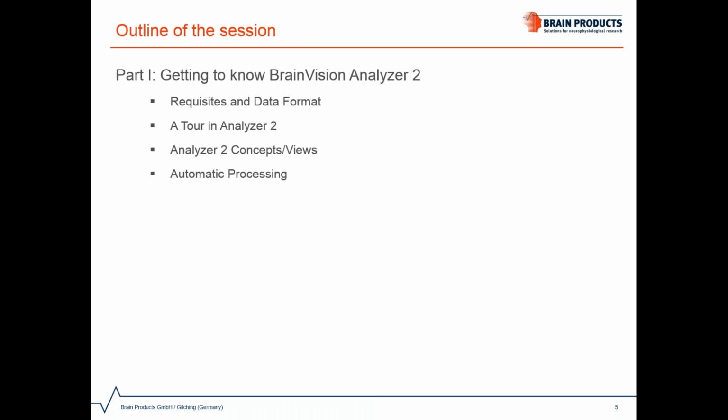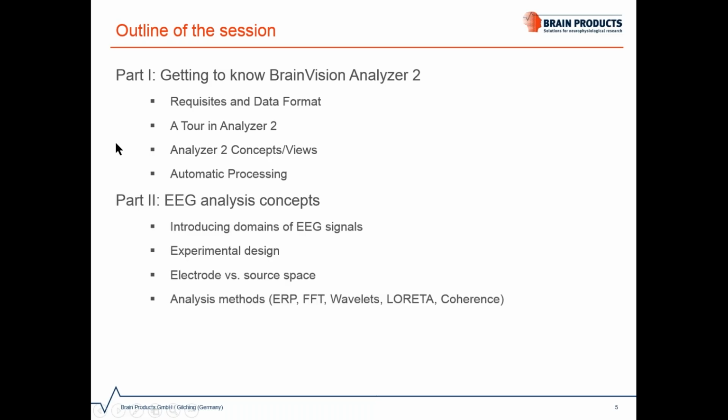To do this, what is our outline of today's session? In part 1, I will introduce you to the Analyzer interface, including requisites and data format. I will discuss main concepts and views, as well as our well-appreciated automatic processing options. In part 2, I will first give an introduction to the various signal domains. I will talk about two main experimental design concepts, as well as about going from source to electrode space and back.